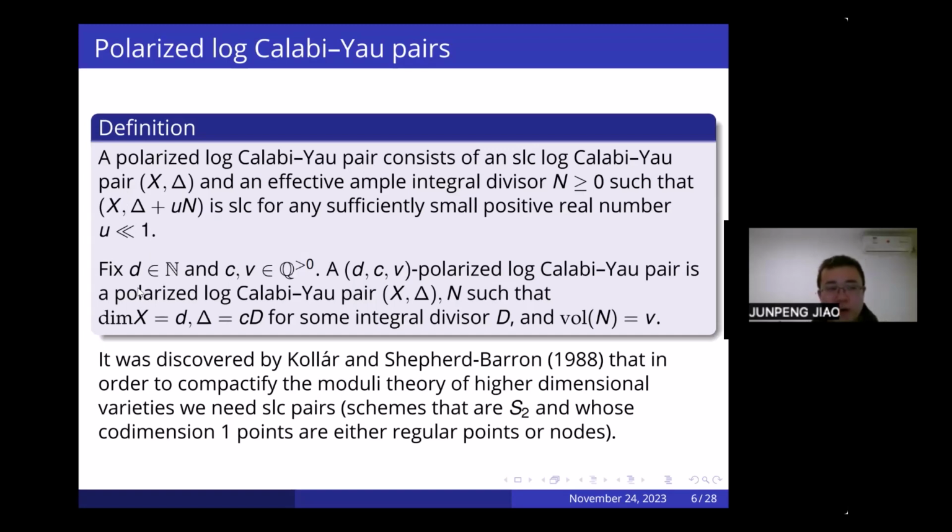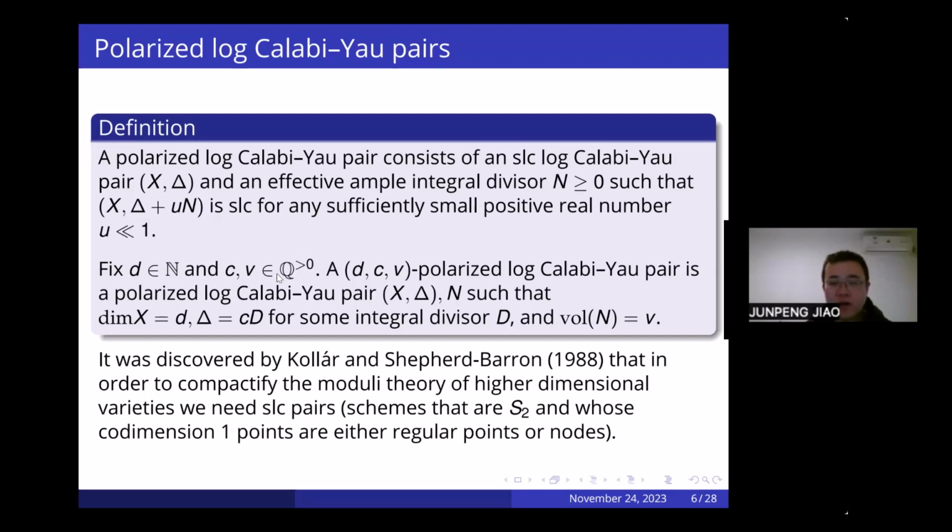Because a polarized log Calabi pair is naturally unbounded, we need to fix some condition to make it bounded. So first we fix the dimension D and C, V two positive rational numbers.